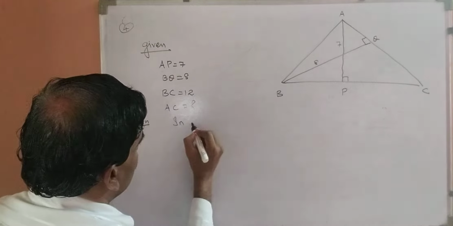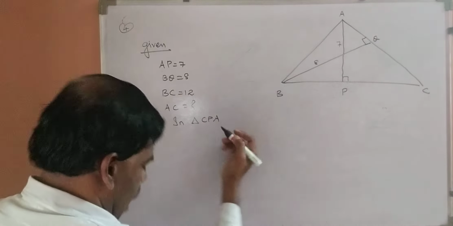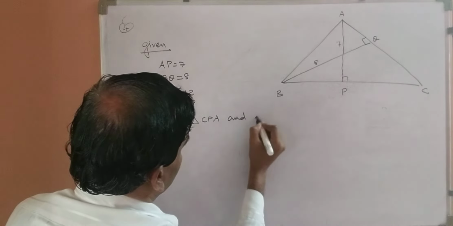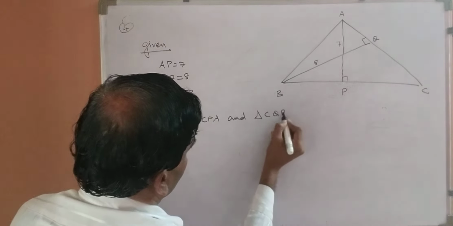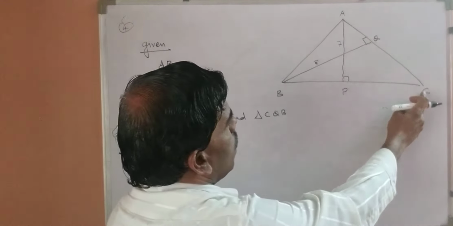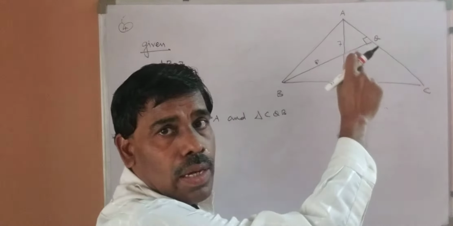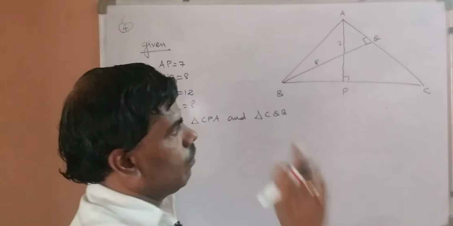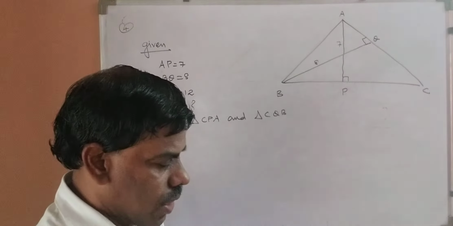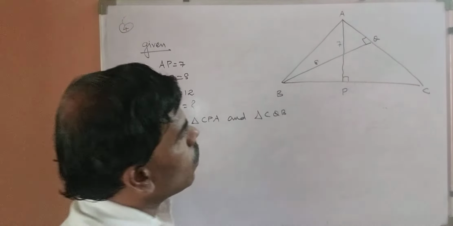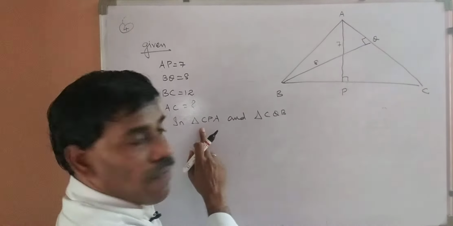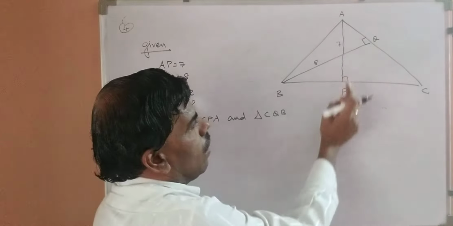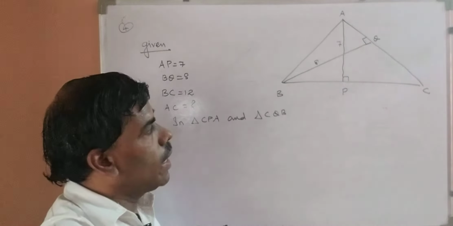Now we will consider two triangles, CPA and CQB. See here, CPA, this triangle, and another triangle CQB. These two triangles we are going to consider. In the first triangle CPA, what is the angle at P? 90 degrees.